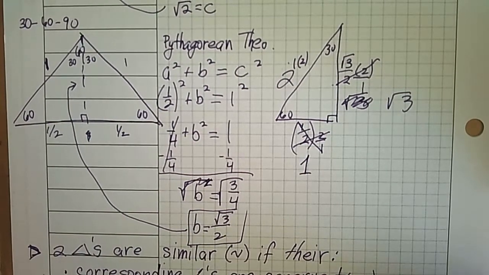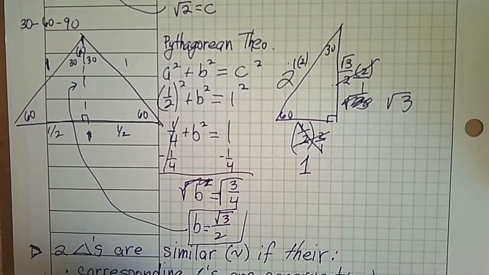So for example, you do the hypotenuse of one triangle over the hypotenuse of the other one, whatever answer you get here will be similar to the short leg over the short leg.